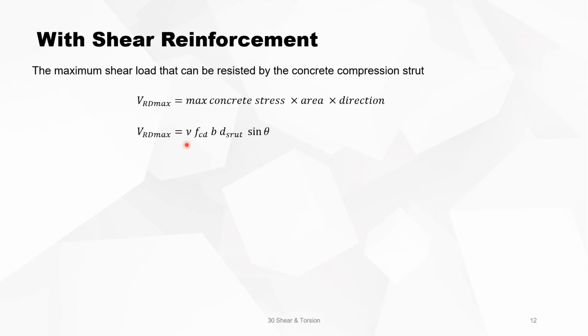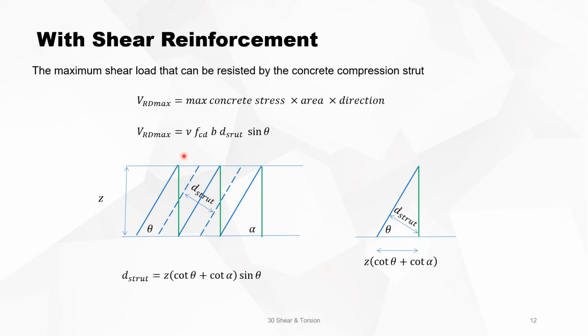So this means that the maximum concrete stress is the fcd times the width times nu, which is a reduction factor. And the dimension of the strut, the width of the strut, is equal to z times cotangent theta plus cotangent alpha times the sine of alpha.